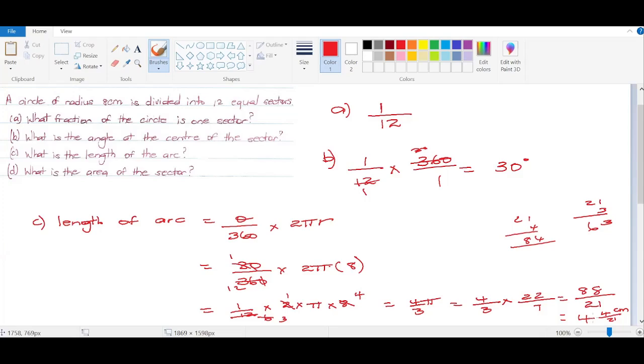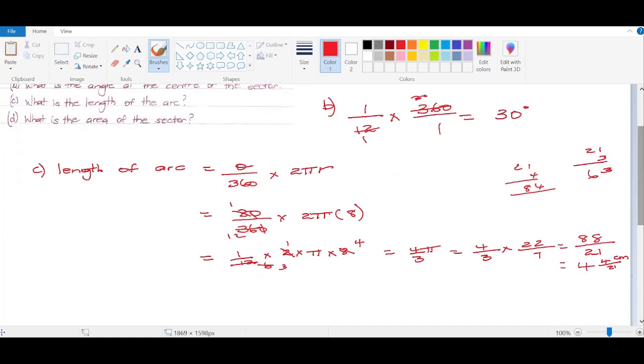So 1/12 multiplied by 2 multiplied by 22/7 for pi by 8. So that's 4.19, right? So of course we got the same answer, but just in decimals, in centimeters.